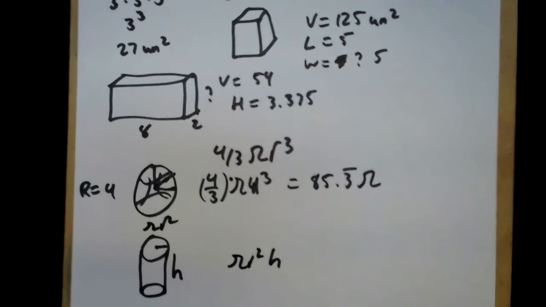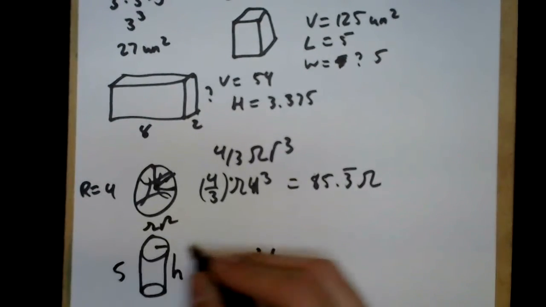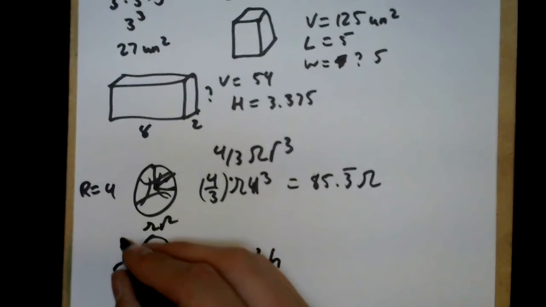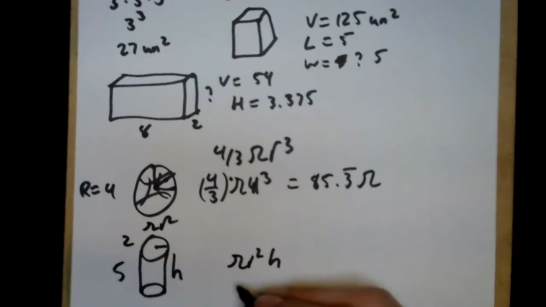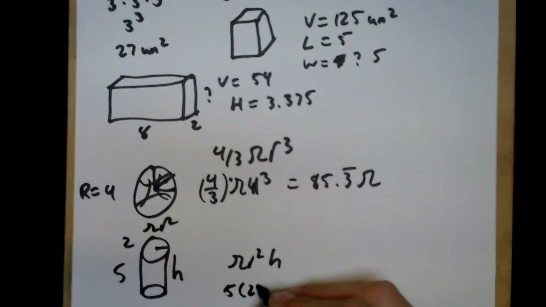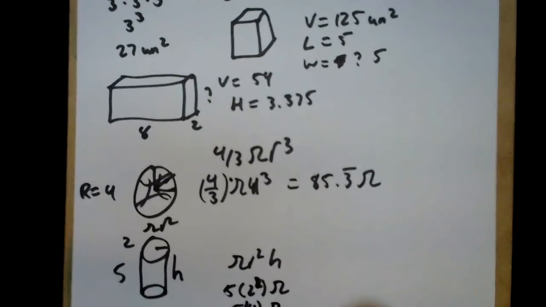They'll give you the height will be, let's say, 5, and the radius will be 2. So that would be 5 times 2 squared times pi. 2 squared is 4. 5 times 4 is 20 with the pi.